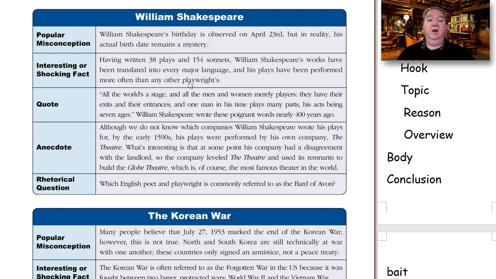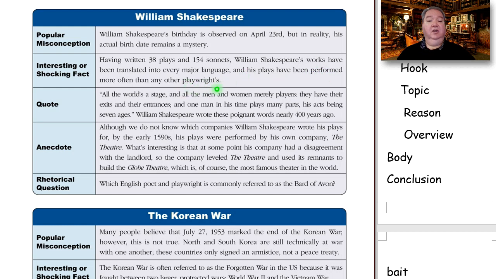An interesting fact: having written 38 plays and 154 sonnets, William Shakespeare's works have been translated into every major language. Have they been translated into Korean? I think so. And his plays have been performed more often than any other playwrights. Playwright here, W-R-I-G-H-T. That's how we spell a person.